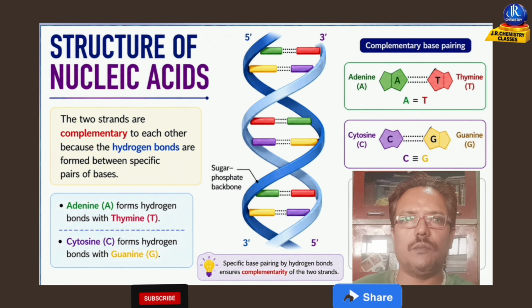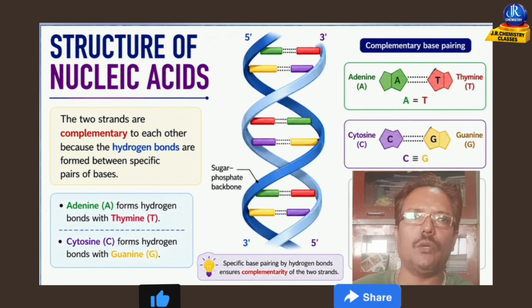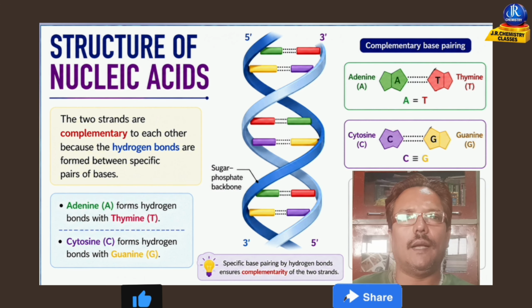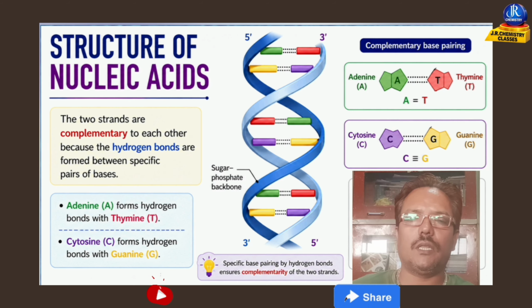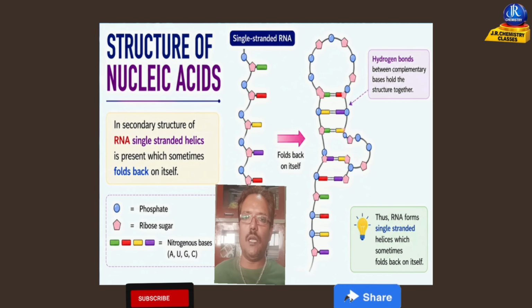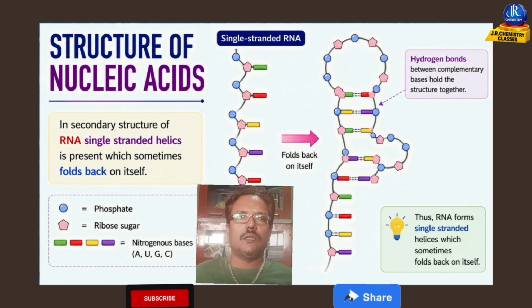Adenine forms hydrogen bonds with thymine, whereas cytosine forms hydrogen bonds with guanine. In secondary structure of RNA, single strand helix is present, which sometimes folds back on itself.